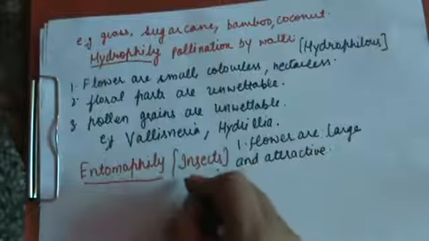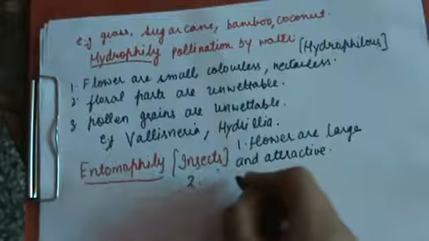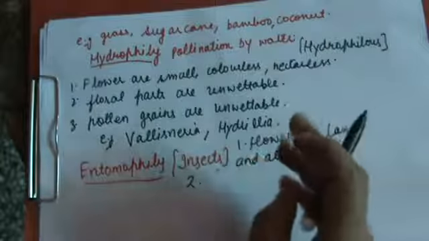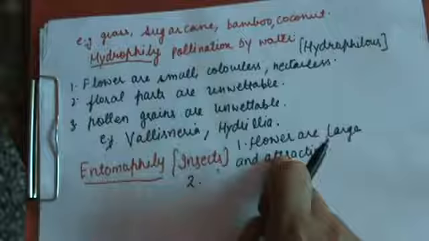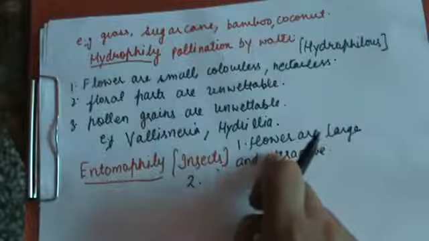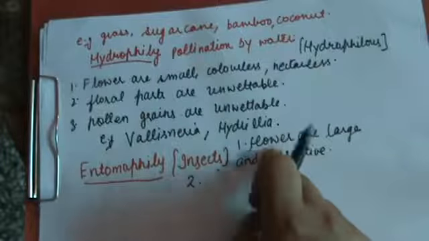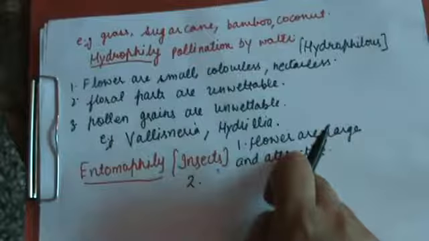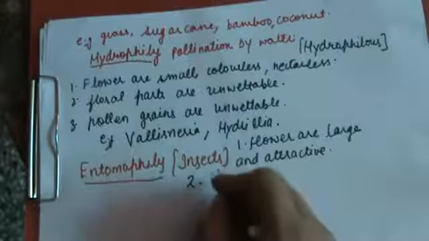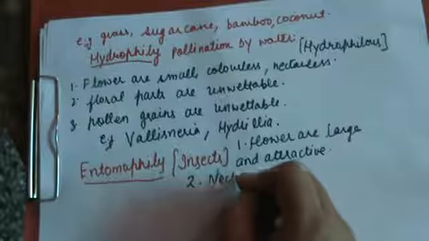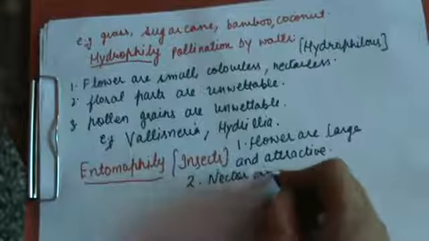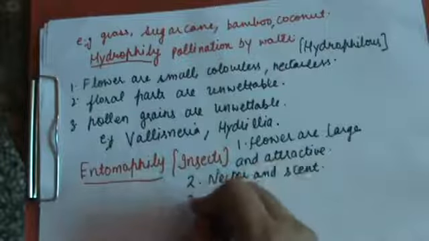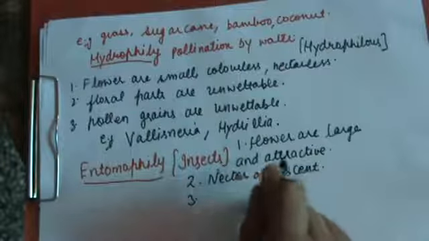And second, different colors of flowers attract different species. This also comes in this point कि different flowers होंगे तो different insects को ये attract करेंगे. ठीक है जी. And flowers have nectar and scent, means they have a sweet smell or different types of smells.